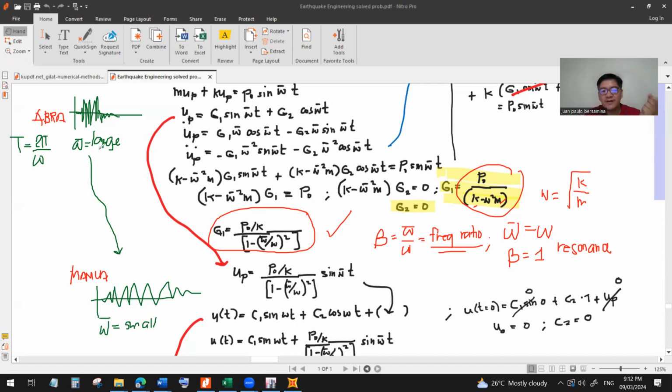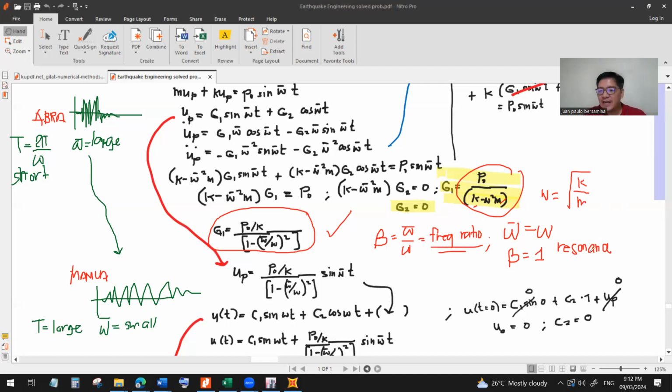If omega bar is large, the corresponding period of the earthquake is small, or short. Here, if omega bar is small, the corresponding period is large, or big.